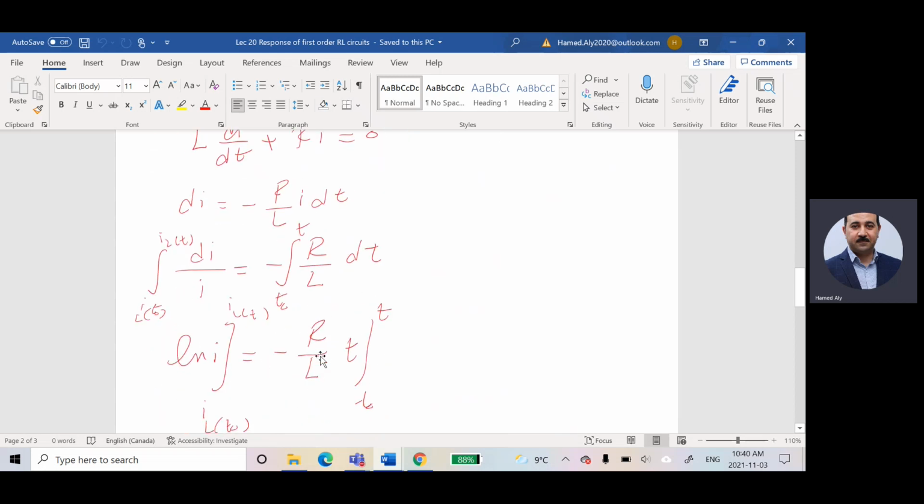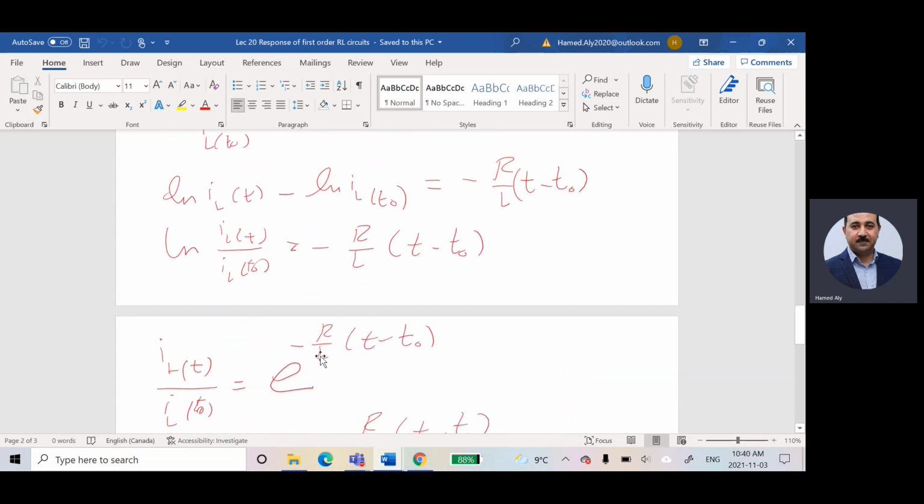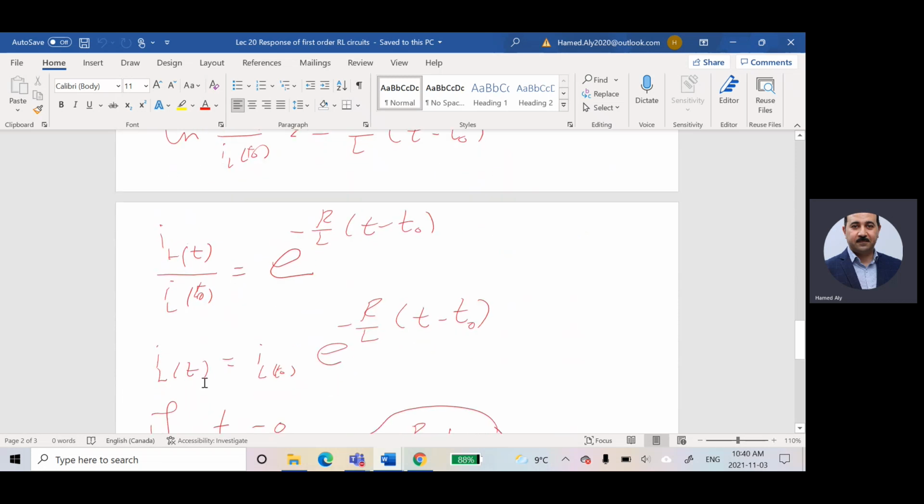Based on that, we derived the equation for the current: IL of t is equal to IL of t0 multiplied by e to the power negative R over L multiplied by (t minus t0), where t0 is the time 0, or in other words, the starting time.